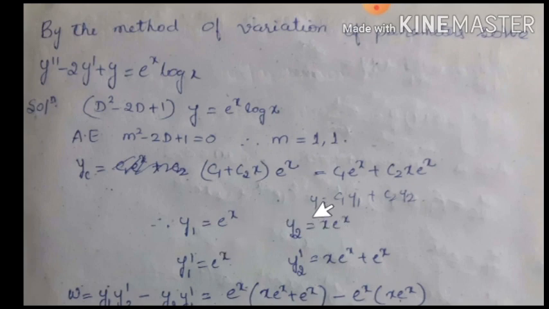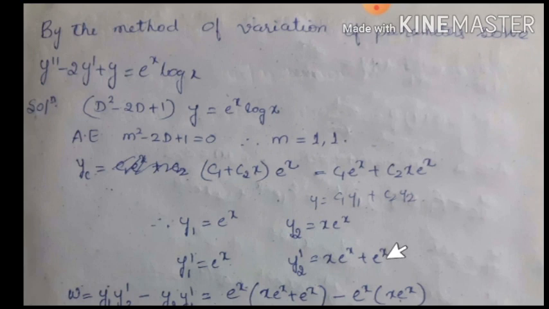For the derivative of y2, a product of two functions of x is there, hence we need to apply the product rule. How to apply? First term keep as it is, differentiate the second term. The derivative of e to the power of x is e to the power of x, plus second term keep as it is, differentiate the first term. What is the derivative of x? It is 1. I have not written the 1 because 1 into e to the power of x is e to the power of x itself.